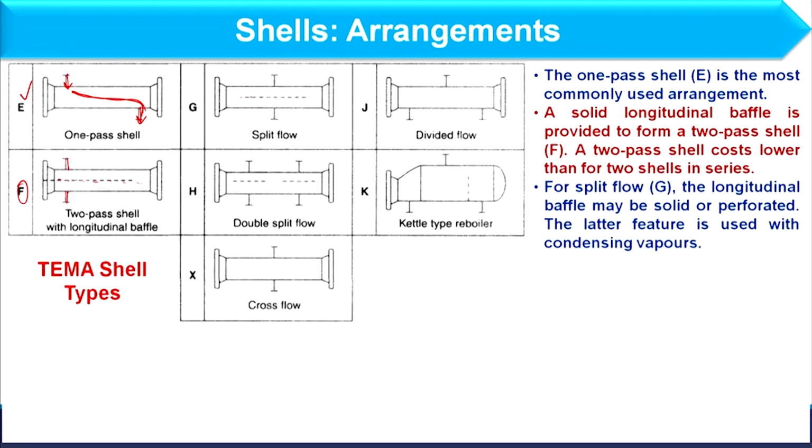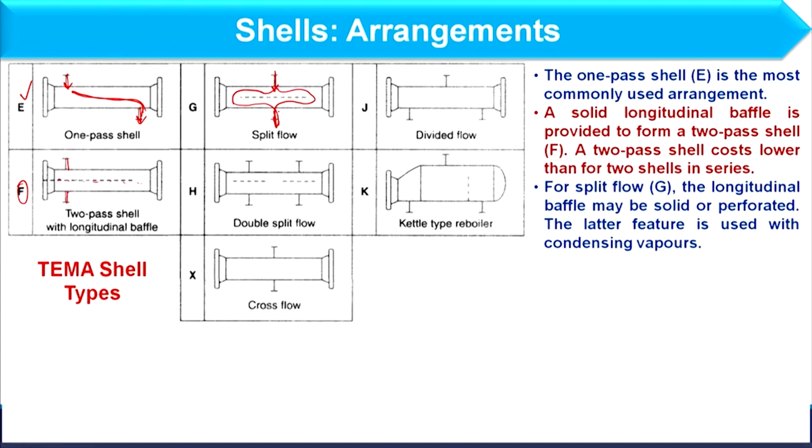So, if you see the TEMA G shell, here we split the flow, okay. Inlet and outlet nozzles are in one line, or these are aligned. So, the fluid which is available is divided in two and then travels like this and then travels like this and then it exits, right. So, this is basically the split flow shell, okay.